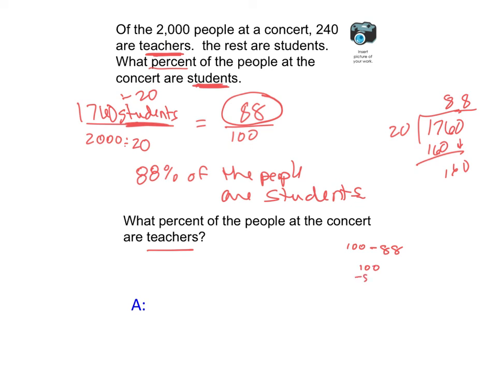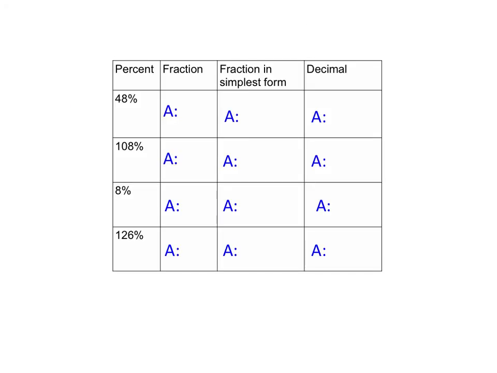So 100 minus 88. So 12% of the people are teachers. Period. All right, so here we have another chart. You hit pause and you try and do each one.